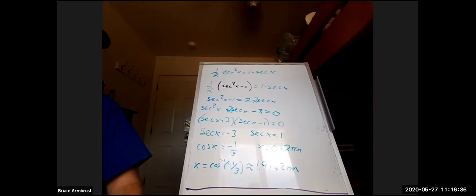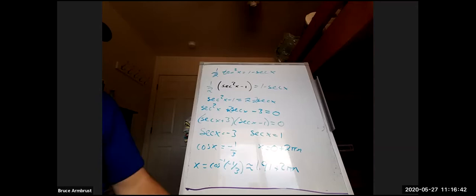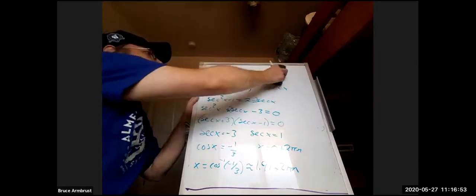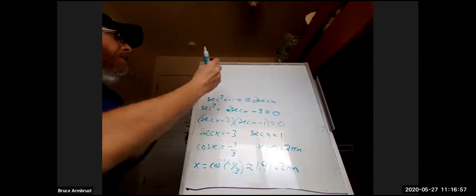Okay, but this is not the only one. Remember that when we do these inverse trig functions, that's only finding us one angle that's in the correct interval. We have to worry about the other possible places. So let me real quick run back up here and draw a unit circle. So here's a unit circle.